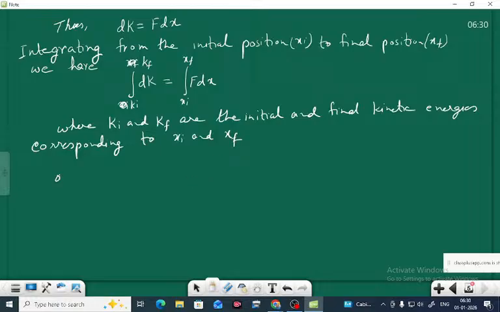Or you can write it here, if we integrate this one, we get k final minus k initial is equal to the integration from xi to xf of f dx.